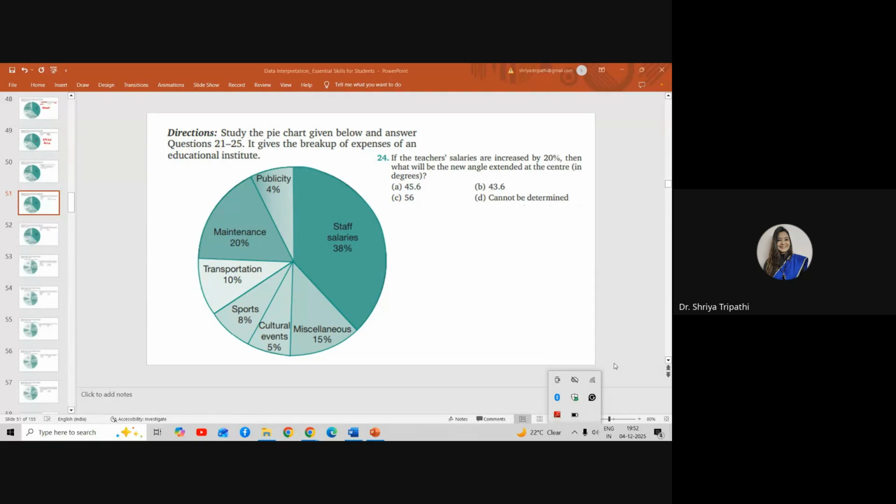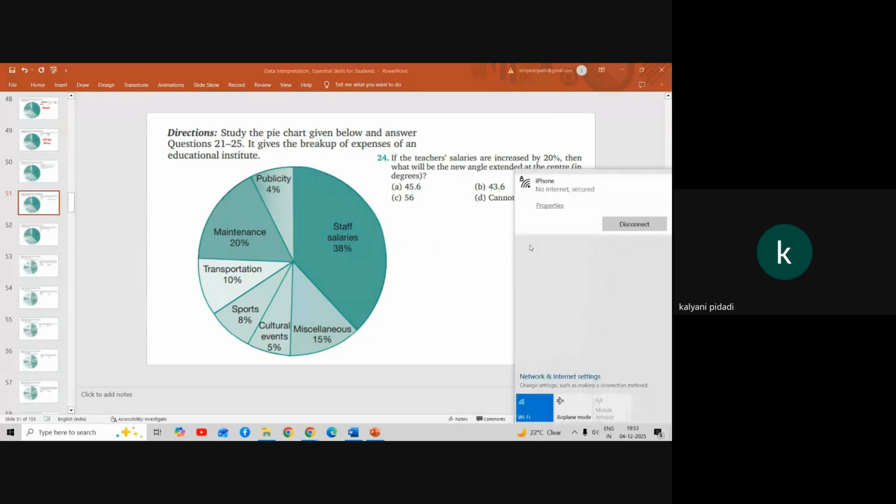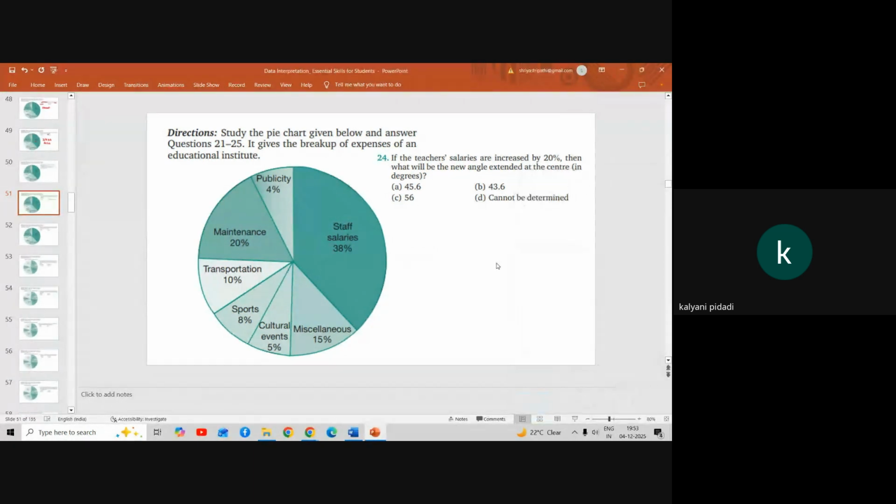Ma'am, it's coming out to be 208.8, which is not part of the given options. So perhaps D, cannot be determined. Yes, ma'am, 208.8.